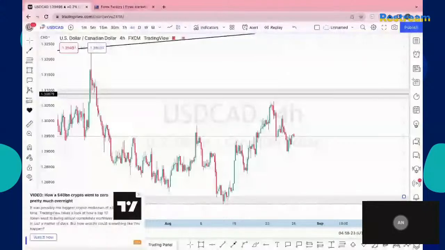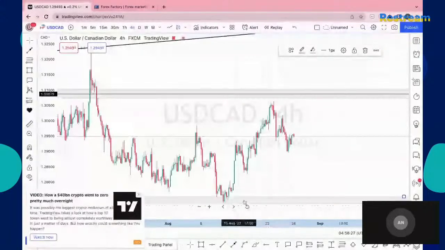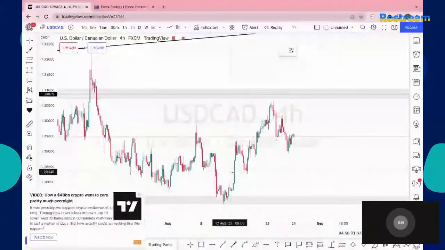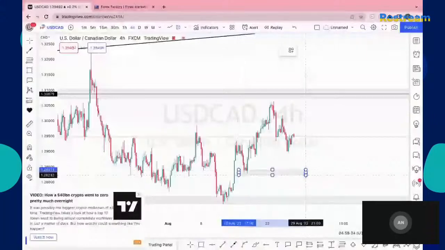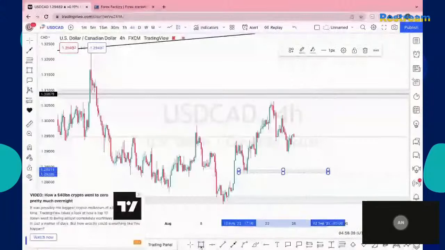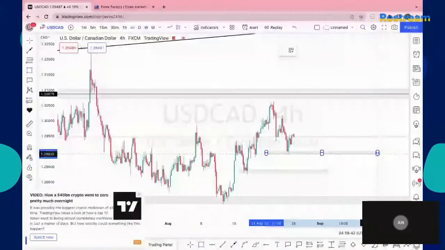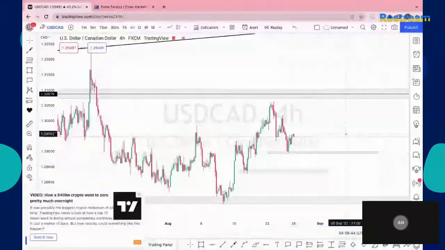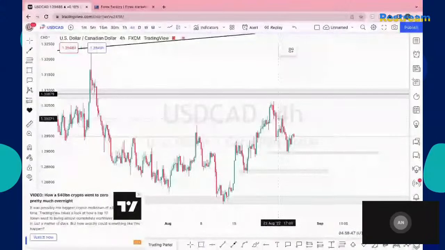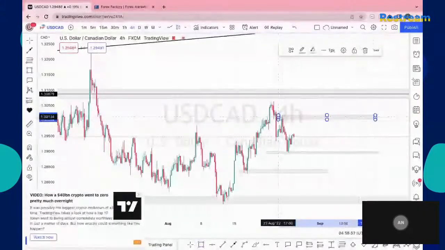Just adjust that. Support, resistance. Then we've got minor supports here, another support here, resistance here.